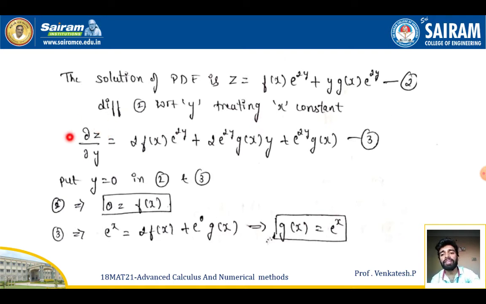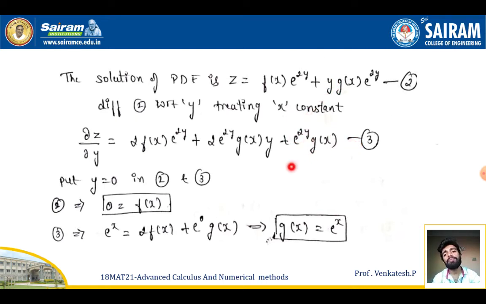So I got ∂z/∂y is equal to, keeping f(x) as it is, differentiating e^(2y), I got 2 e^(2y), plus, keeping g(x) as it is, since I'm applying the product rule here, first keeping y as it is, differentiating e^(2y), I got 2 e^(2y), plus keeping g(x) e^(2y) as it is, differentiating y, I got 1. Call it equation number 3.